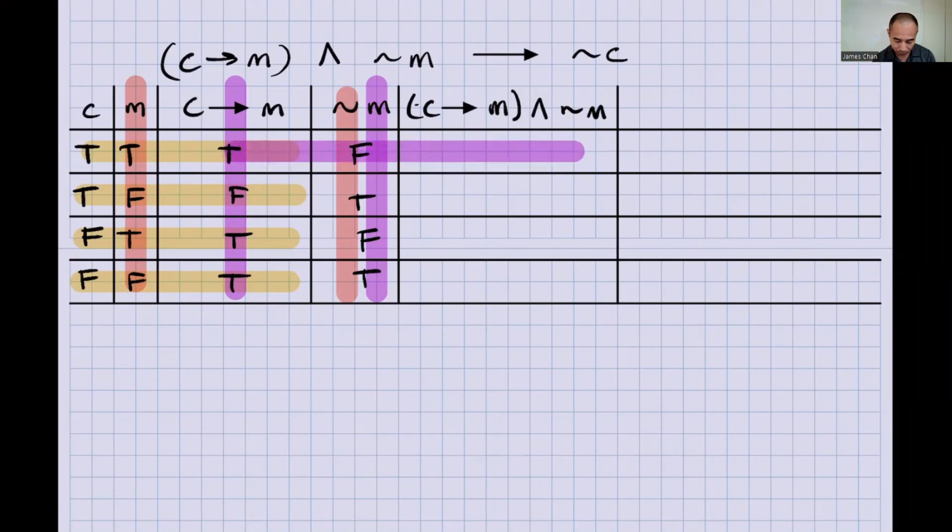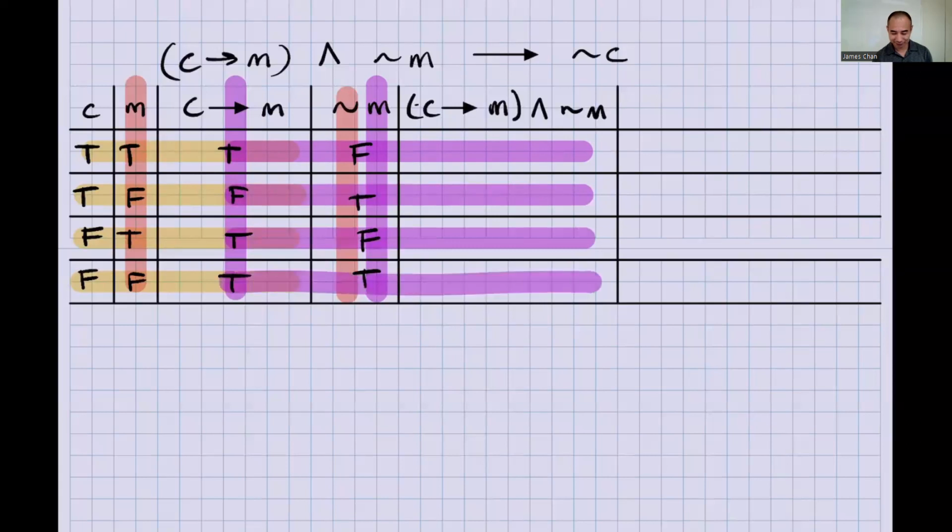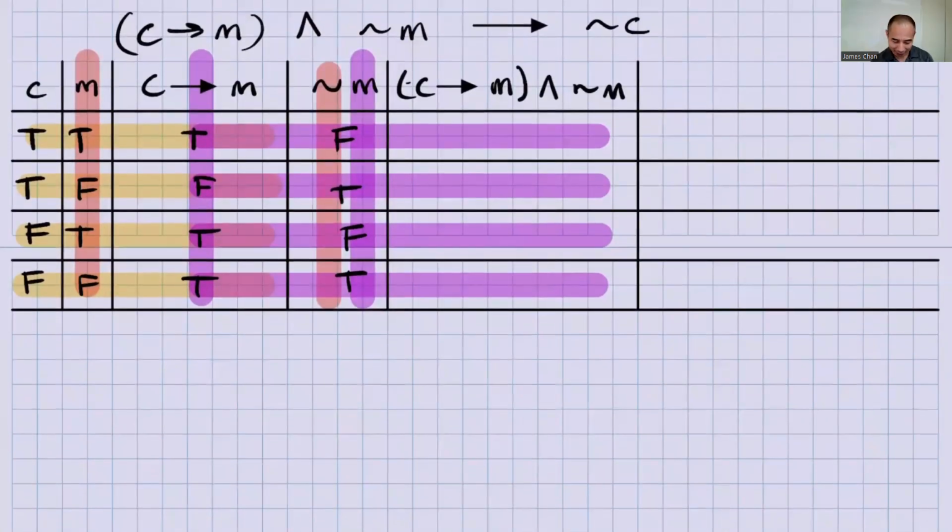Is this going to be true? True and false? It's false.